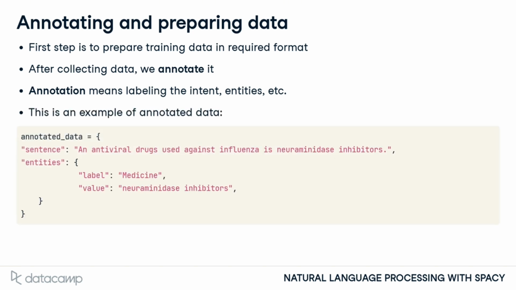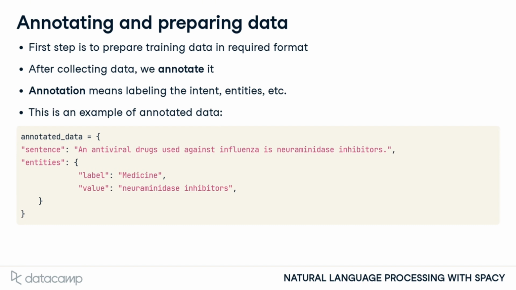We can see an example of an annotated data record for a NER task in the medical domain. The annotated data has two key value pairs. The first attribute records the input text with a sentence key, and the second attribute captures all the labeled entities of the input text with an entities key.